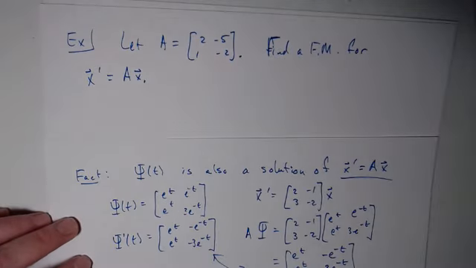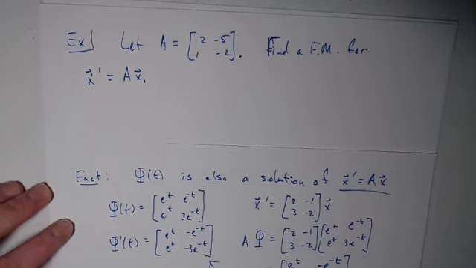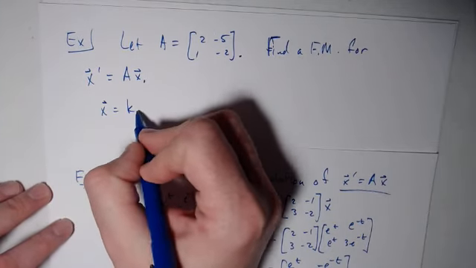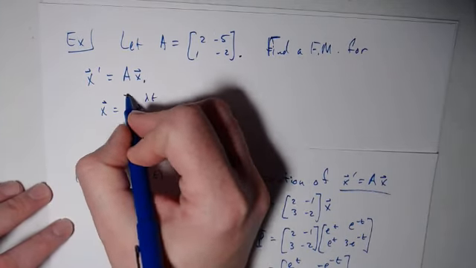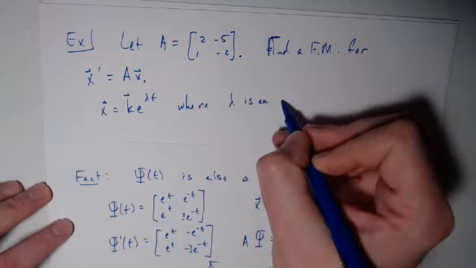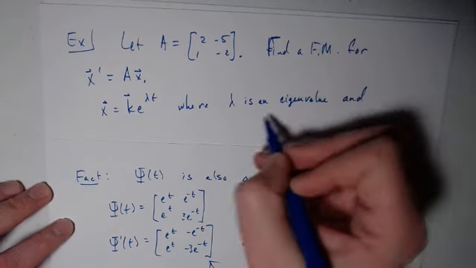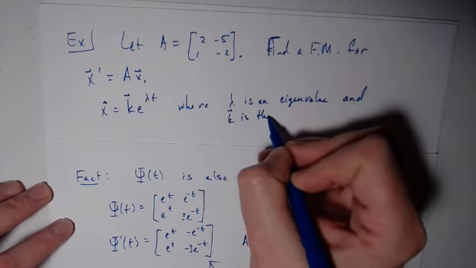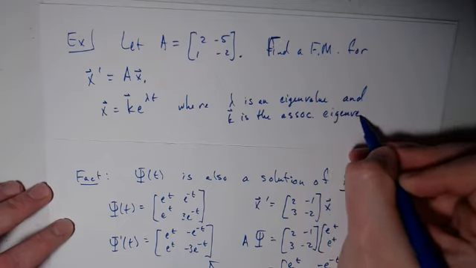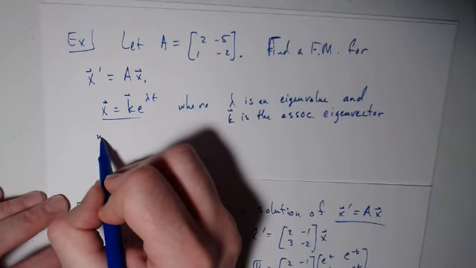So we need to solve this system. We're going to go ahead and use eigenvalues for this. Remember that x equals k e to the lambda t, where lambda is an eigenvalue and k is the associated eigenvector, will be a solution.